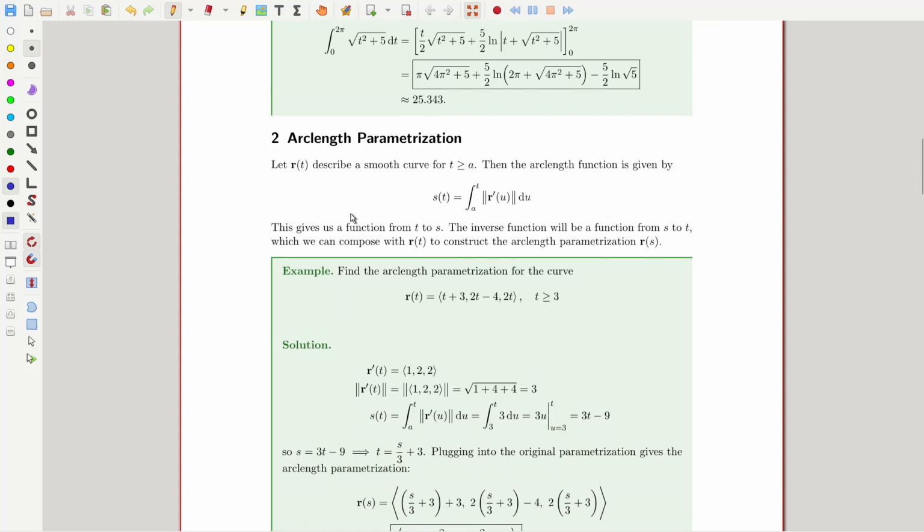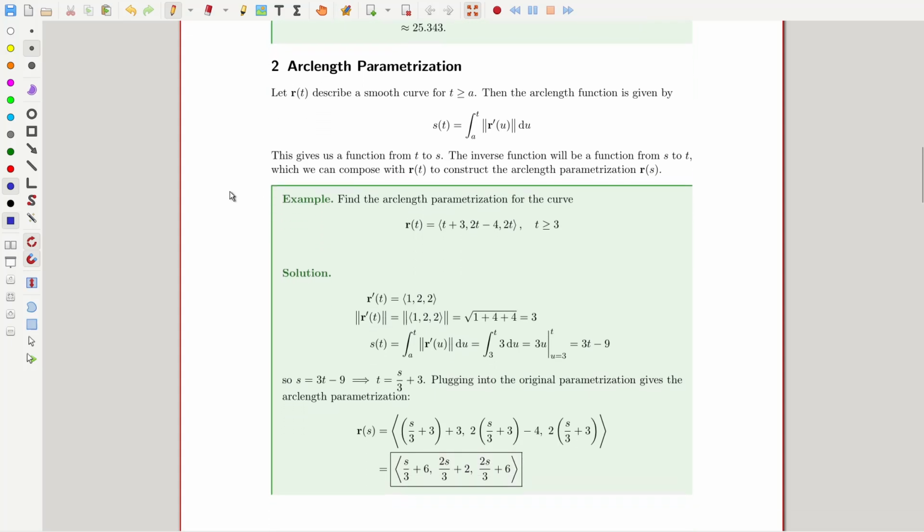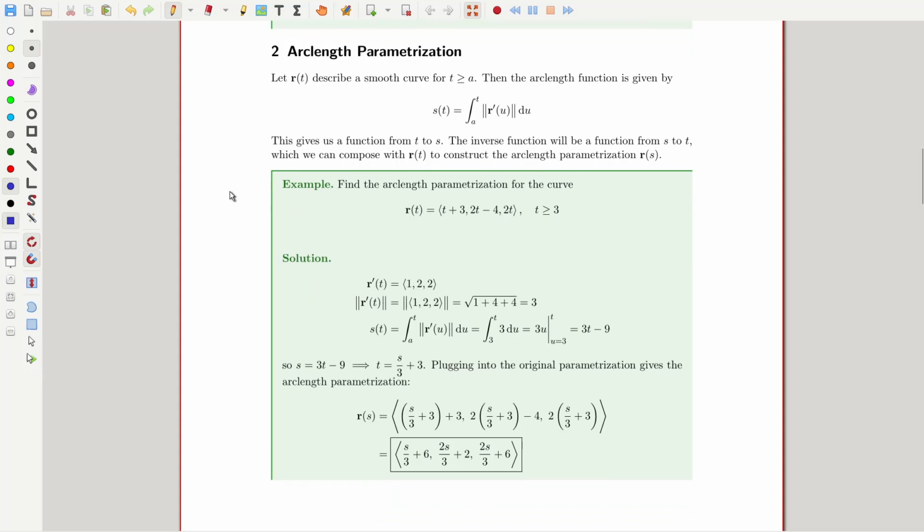Okay, continuing on. So arc length parameterization. This is not mentioned on your homework directly, but it is an important concept, and I know that it has been tested in previous runs of this class. The idea is that the way you parameterize a curve depends on certain things that you don't want it to depend on.